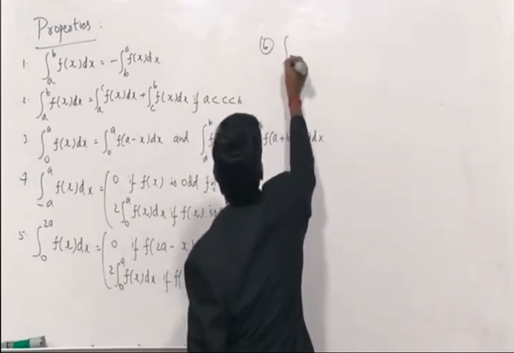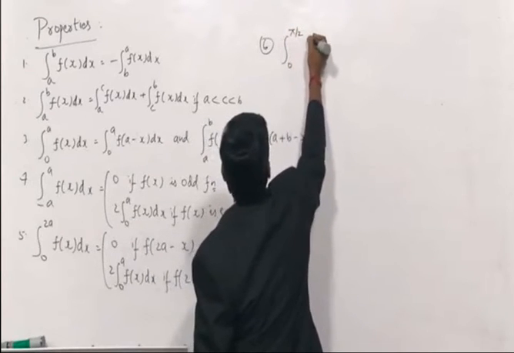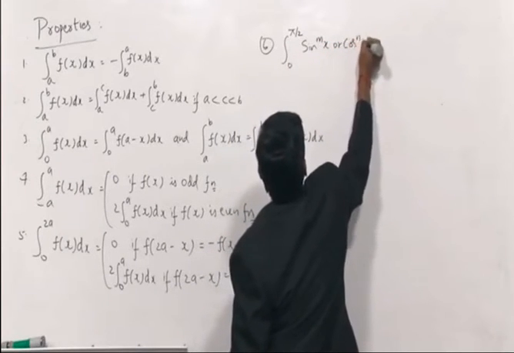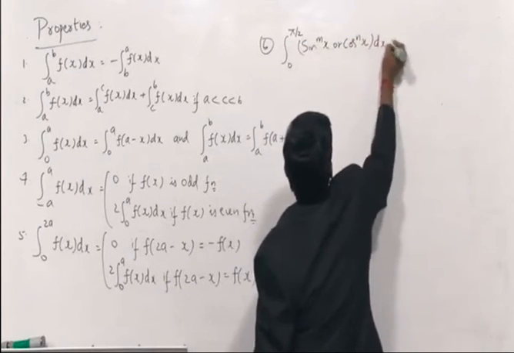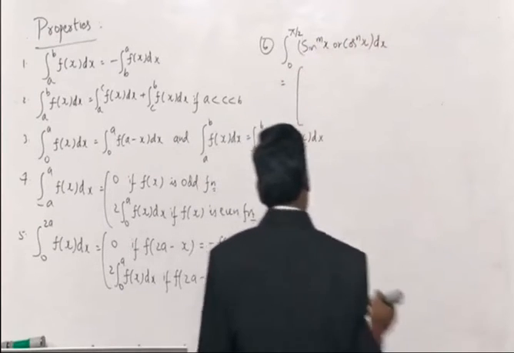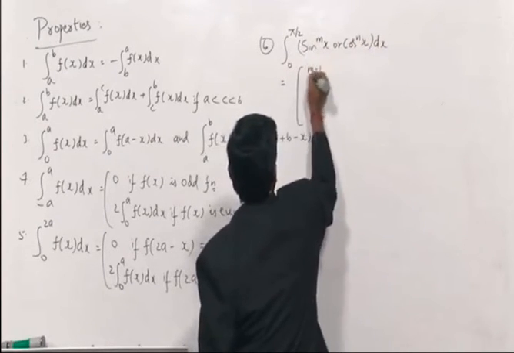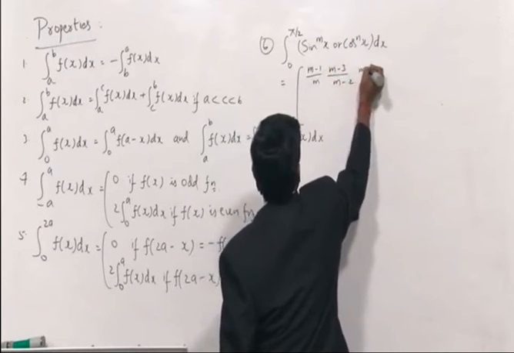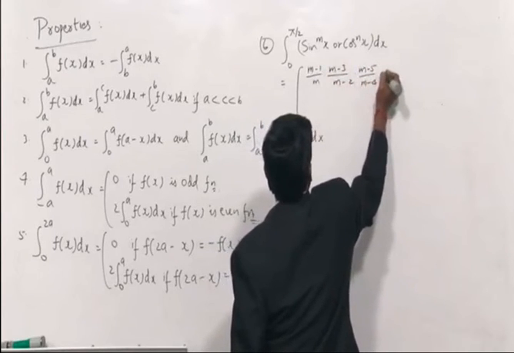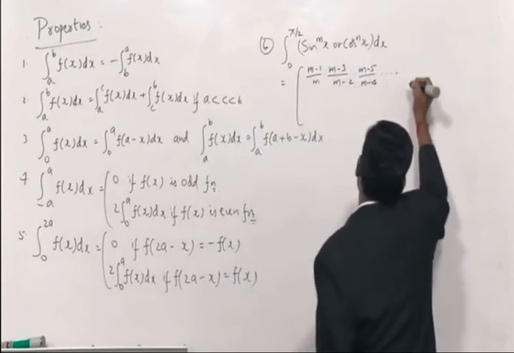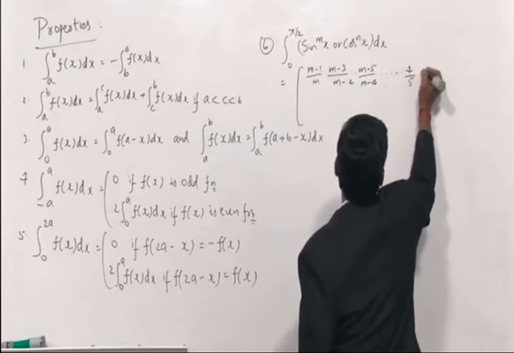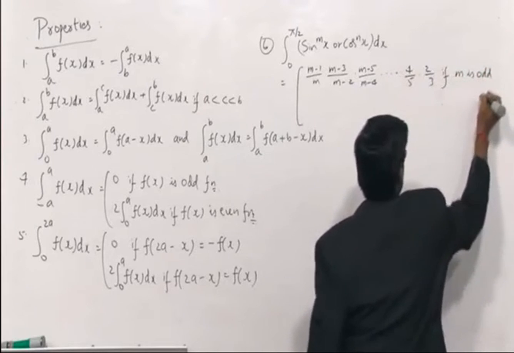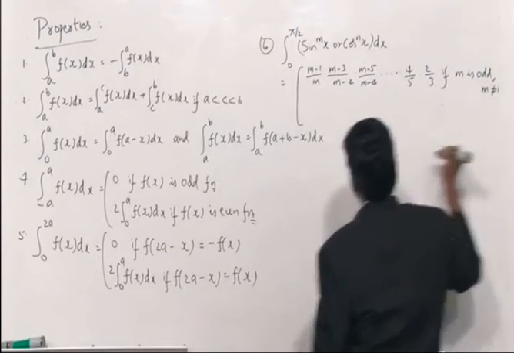6th one, integral 0 to pi by 2 of sin power m x or cos power n x dx is equal to, in 2 cases: m minus 1 by m, m minus 3 by m minus 2, m minus 5 by m minus 4, and so on, down to 4 by 5, 2 by 3 if m is odd, m not equal to 1.